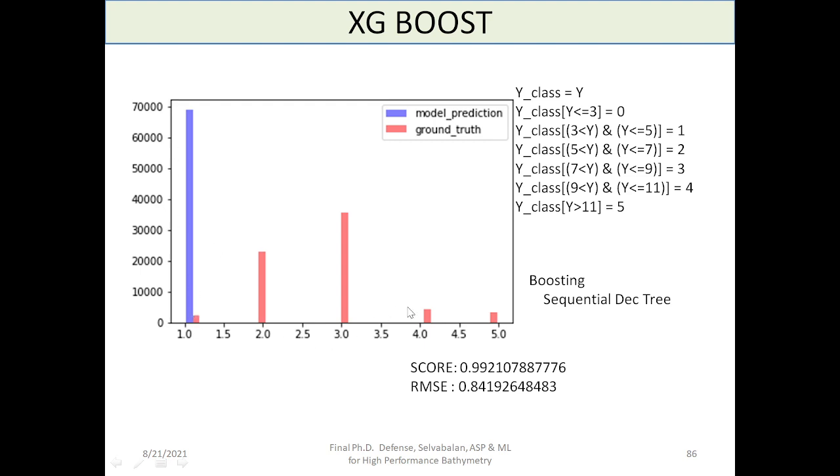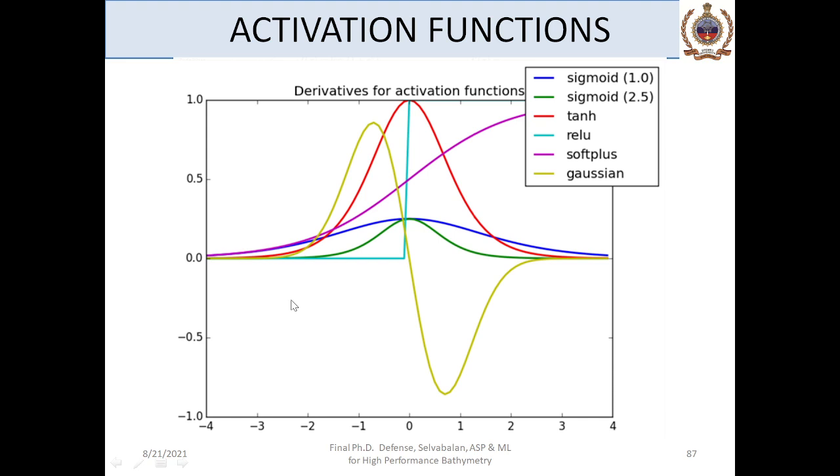Then when I trained with the regression model, I found for lower depth there is a huge error. So this XGBoost algorithm did not work well for me to get the accuracy. Then we changed the learning models in my neural network. There are many learning algorithms: sigmoid, tan sigmoid, ReLU, rectilinear, Gaussian, so many models.